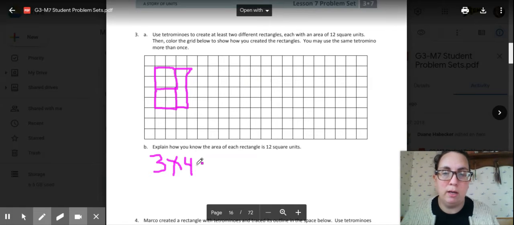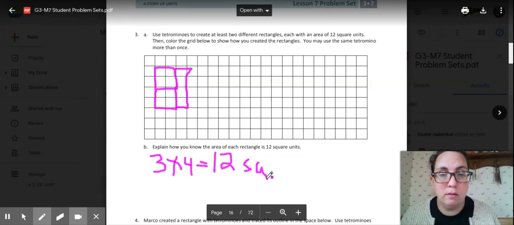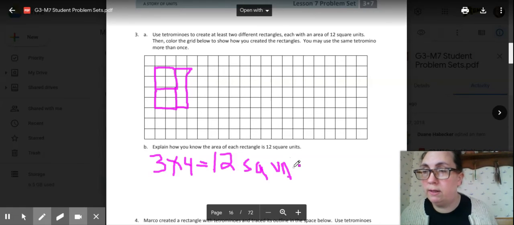And if I double check with my multiplication facts, 3, 6, 9, 12. And it does. It works out. I checked my answer, and it is 12 square units. I'm just going to abbreviate there.